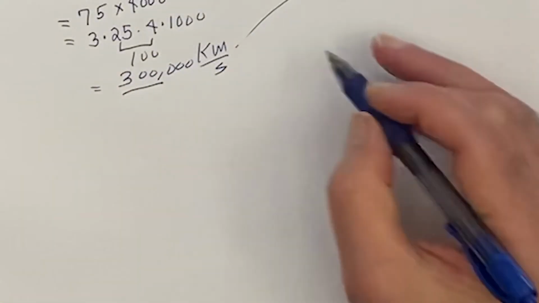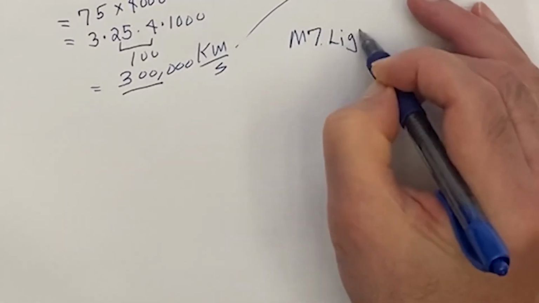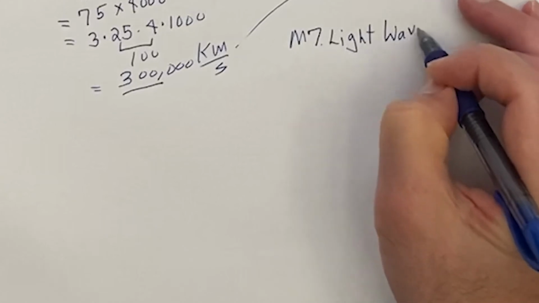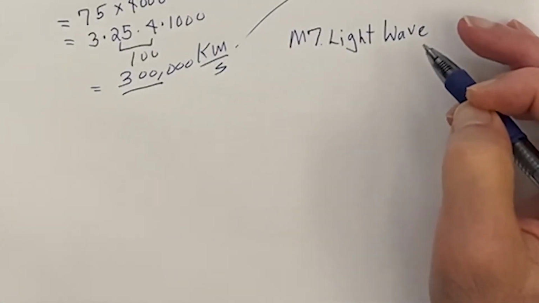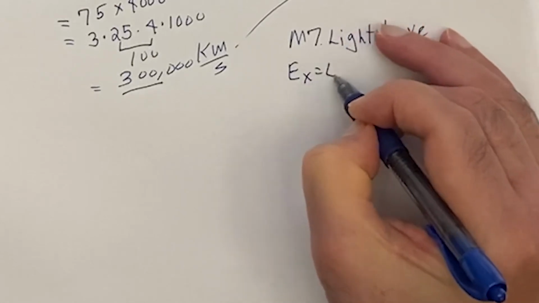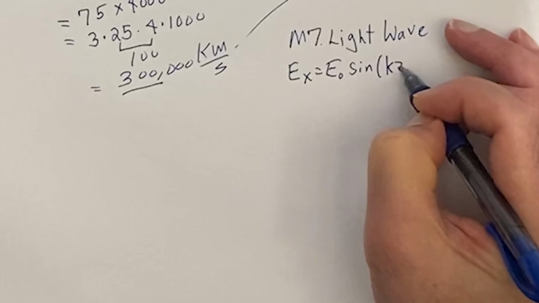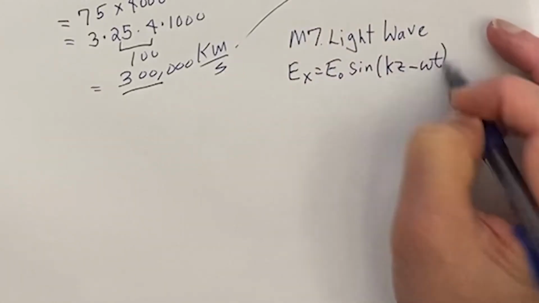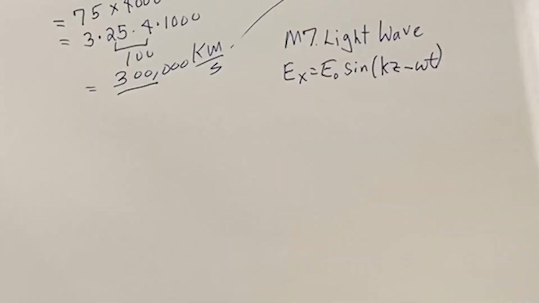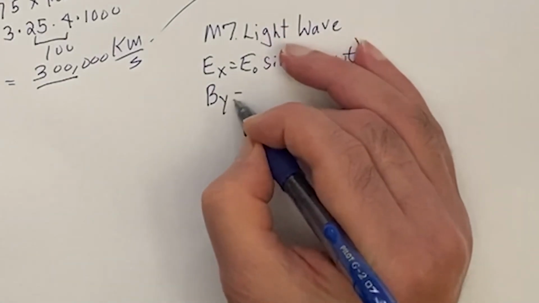Okay, so let's look at M7, the light wave. What I would like to do is write down the electric wave, where we're going in the Z direction, like this. And then the B is in the Y direction.